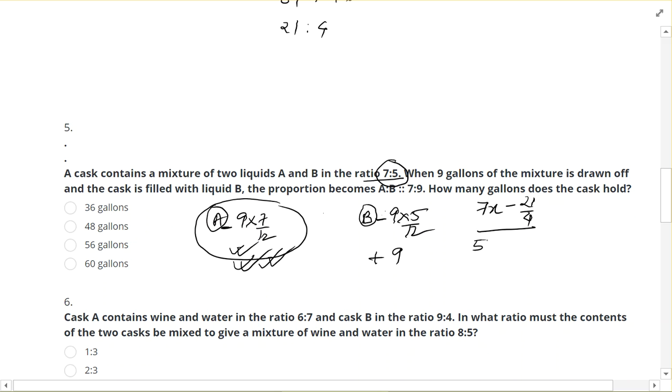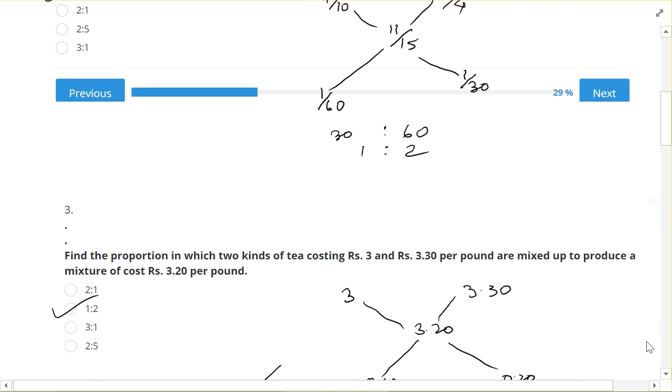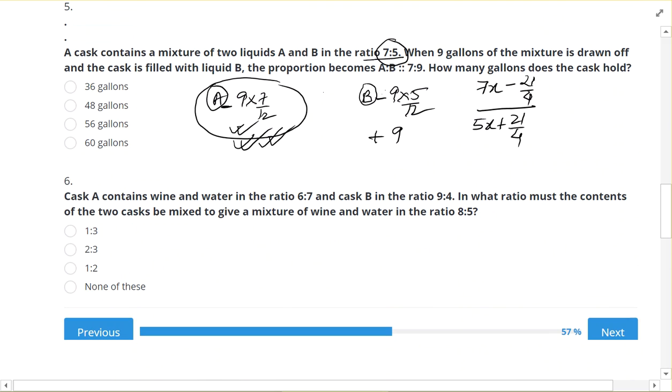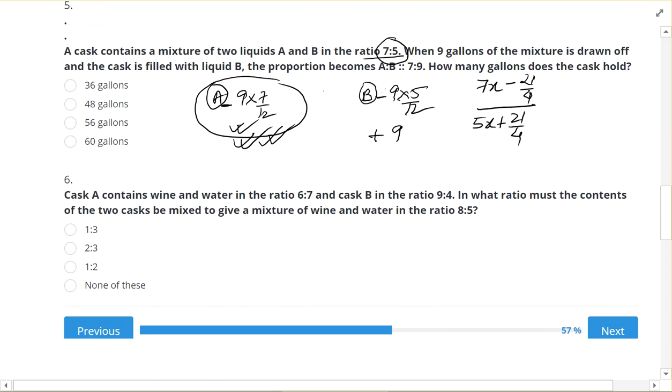divided by 5x plus 21 by 4. See here in the first example, 5x minus 10, so 3x plus 10. This now becomes 7 upon 9, straight and simple.